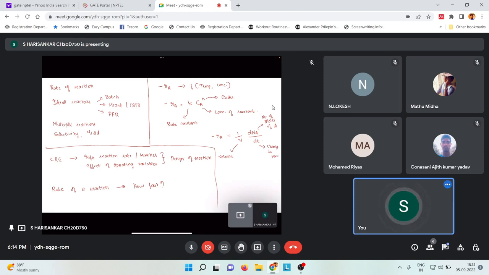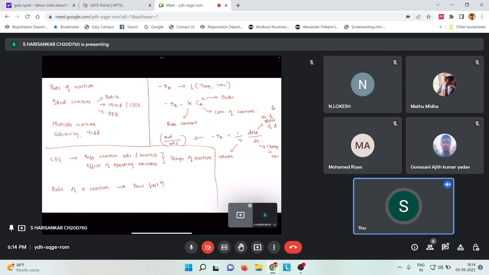The unit of reaction rate is usually represented as mole per meter cube second. So this is the unit for this representation of reaction rate.